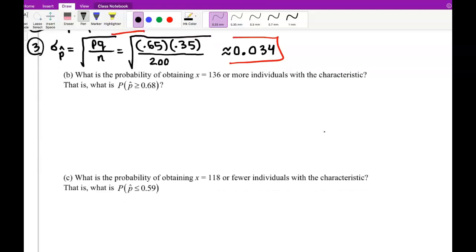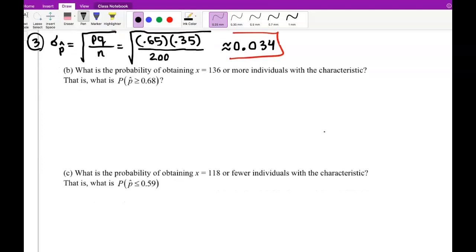Now, part B, what is the probability of obtaining x equal to 136 or more? So more individuals with the characteristic, and so we should find the probability of the sample proportion being 0.68.